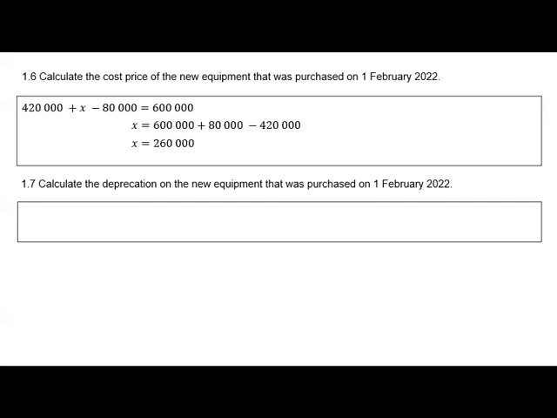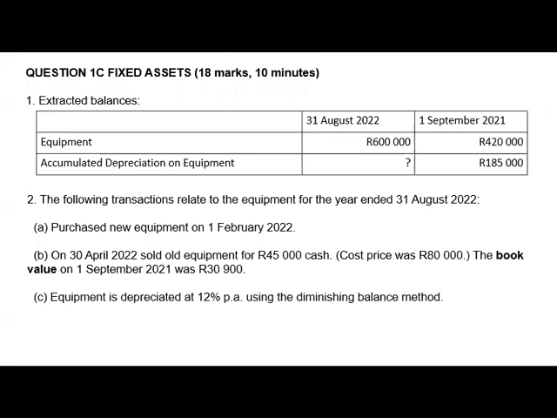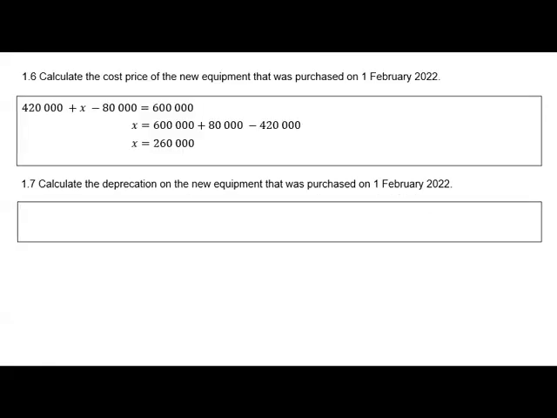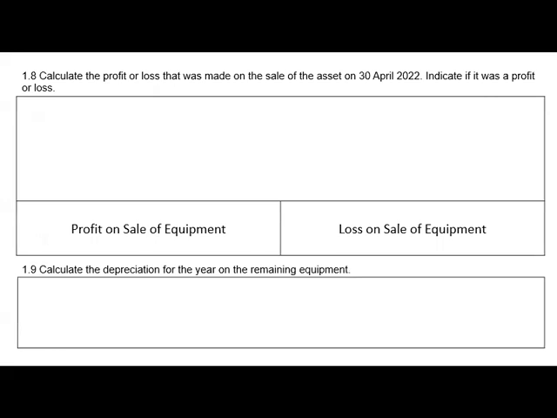You would have noticed that we depreciate equipment on the diminishing balance method, but new equipment doesn't have accumulated depreciation because it's new. It's our first time depreciating it, and we are depreciating it for 7 months. You will take 260 times 12% times 7 over 12. It'll give you 18,200.